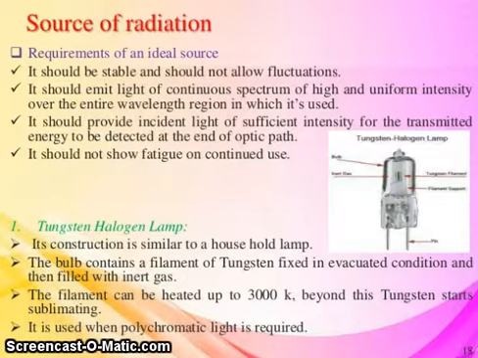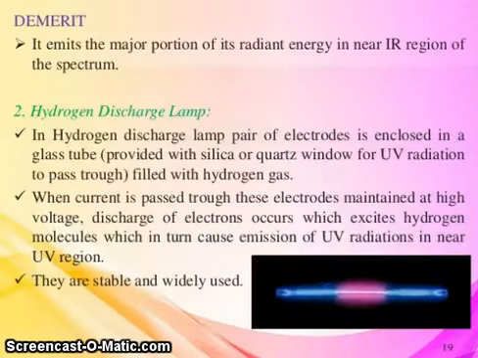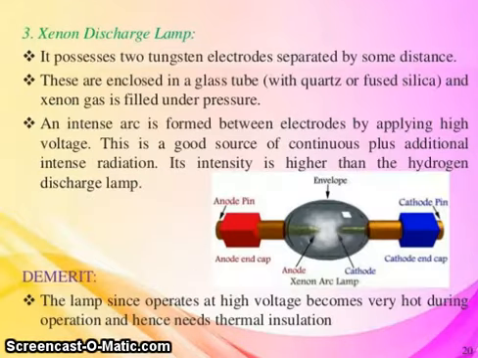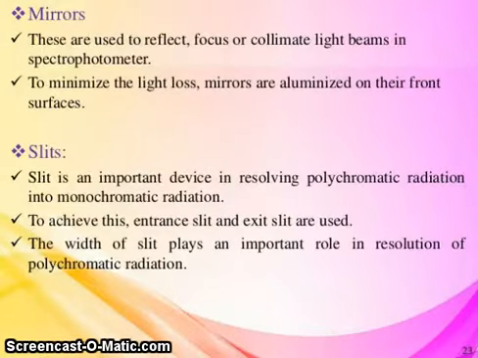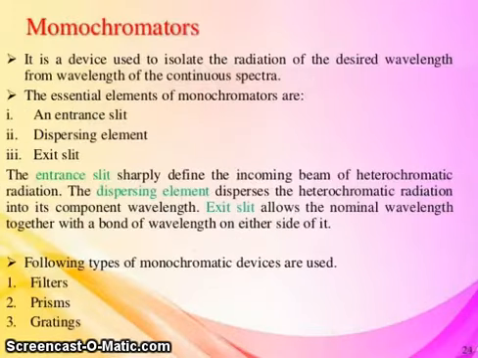Source of radiation: requirement of an ideal source. Tungsten halogen lamp; demerit: it emits the major portion of radiation in the IR region of the spectrum. Hydrogen discharge lamp, xenon discharge lamp, mercury discharge lamp. Collimating system: mirror, slit.